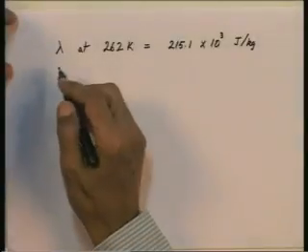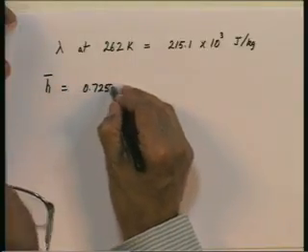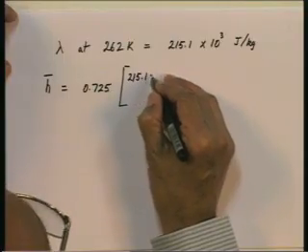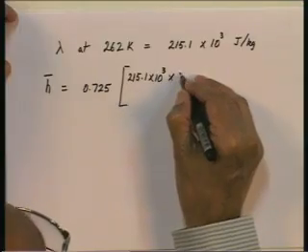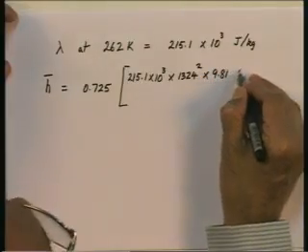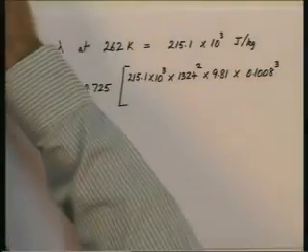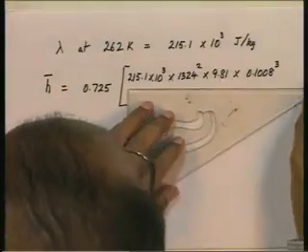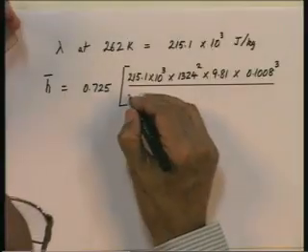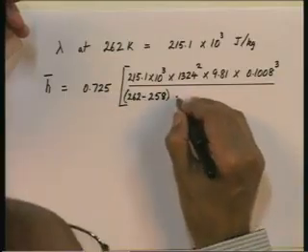Now, substitute into our formula. So, we have H bar is equal to 0.725 into lambda, which is 215.1 into 10 to the power of 3, into rho squared, 1324 the whole squared, into G, which is 9.81, into K cubed, 0.1008 cubed, the whole thing divided by 262 minus 258, that is the delta T, T s minus T w, multiplied by mu.